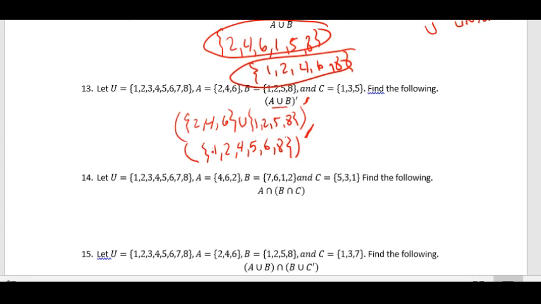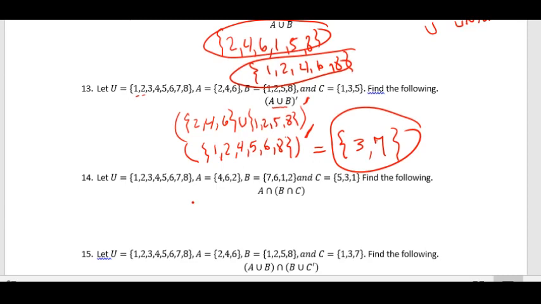And I'm taking the complement of this. So that's going to be equal to everything that's in the universal but not in this set. So 1 is here, 1 is here. 2 is in the universal, 2 is in the set. 3 is not in this set, so that's going to be part of our answer. 4, 5, 6, and 7, and 8. So this would be our answer.